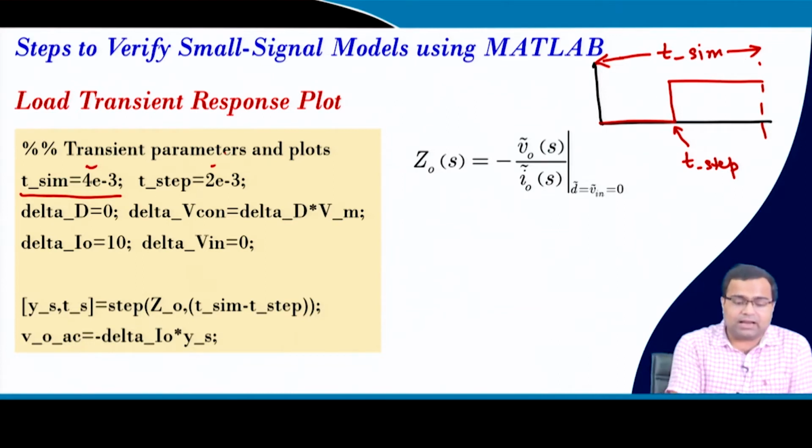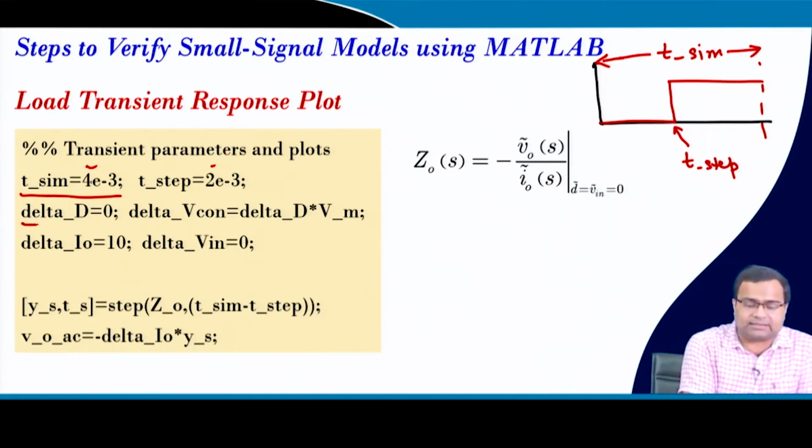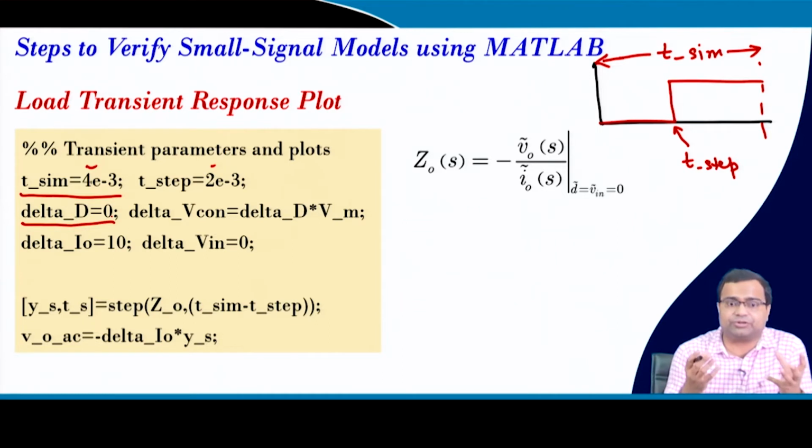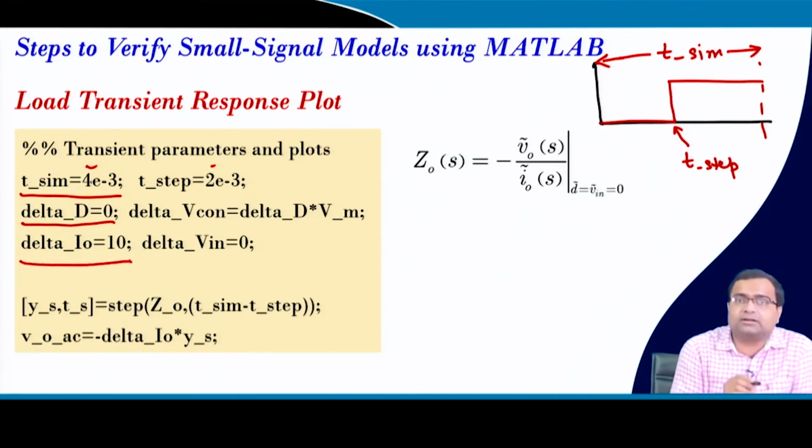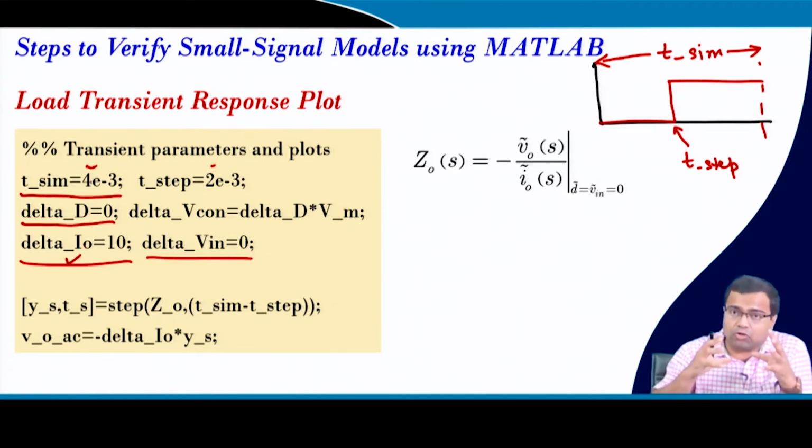Now you can take any kind of transient. Suppose you want to take a perturbation in the duty ratio, or a perturbation in the load current, that means a step change in the load current or a step change in the input voltage. Since we are changing the load current, we want to check the load transient response.